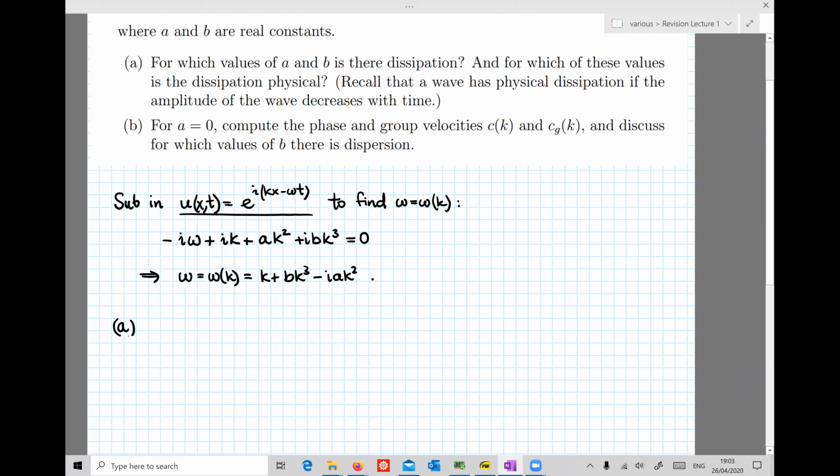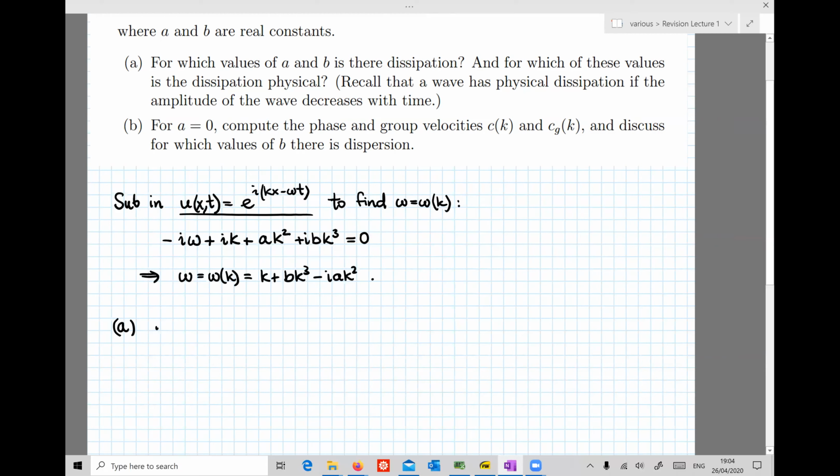In part A, we're asked for which values of a and b there is dissipation, and for which of these values the dissipation is physical. We're reminded that the wave has physical dissipation if the amplitude of the wave decreases with time. Dissipation occurs when the dispersion relation is complex.